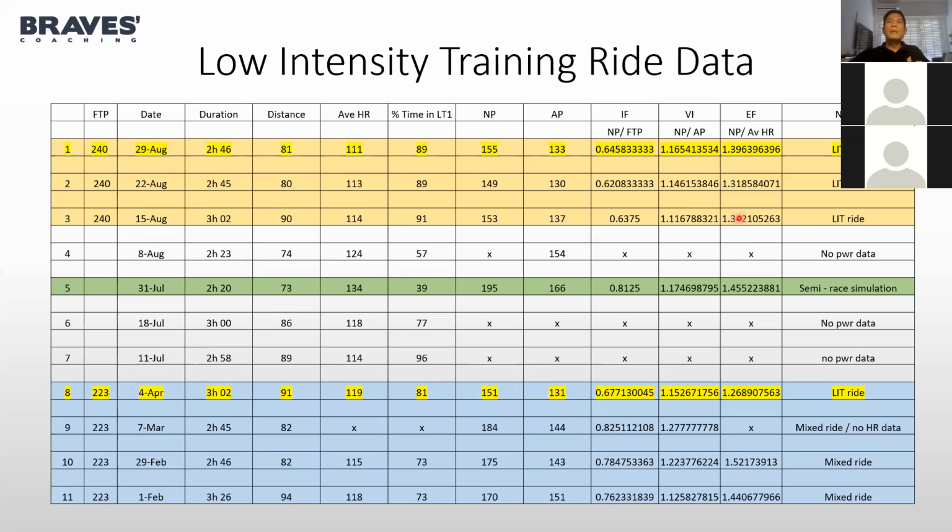Okay, and what we can see here again is that increase in the efficiency factor, from 1.34 to 1.31, then 1.39. Okay, what jumped out at me is this is the same route that I did in April, and the efficiency factor is 1.268, whatever. So it was a low intensity ride, meaning the average heart rate was kept low, below zone 2, all right?